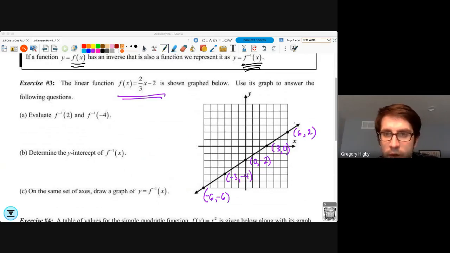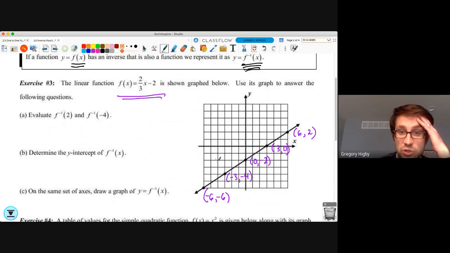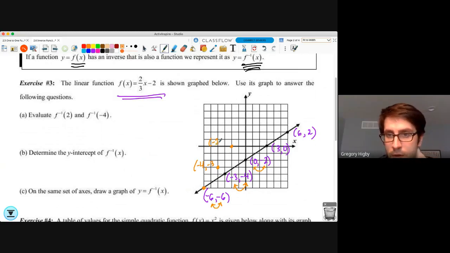And what I'm just trying to show you is you can still just switch X and Y. Well, this first one's actually kind of meaningless. If you switch X and Y, it's the same ordered pair. But if you look at this one and you switch X and Y, then you get the ordered pair (-4, -3). And if I switch the next one, (-2, 0). If I switch the next one, we get (0, 3).